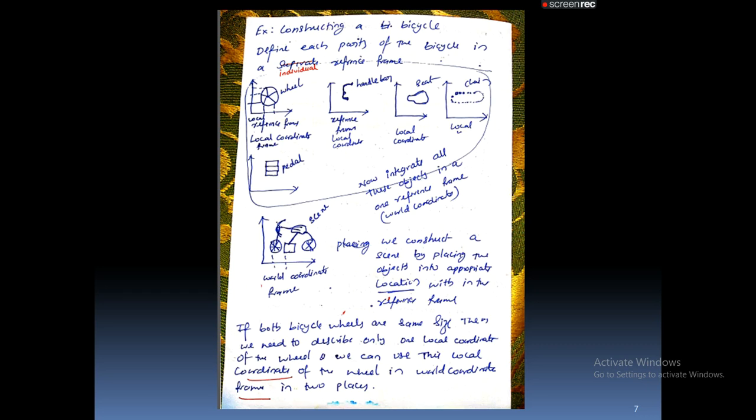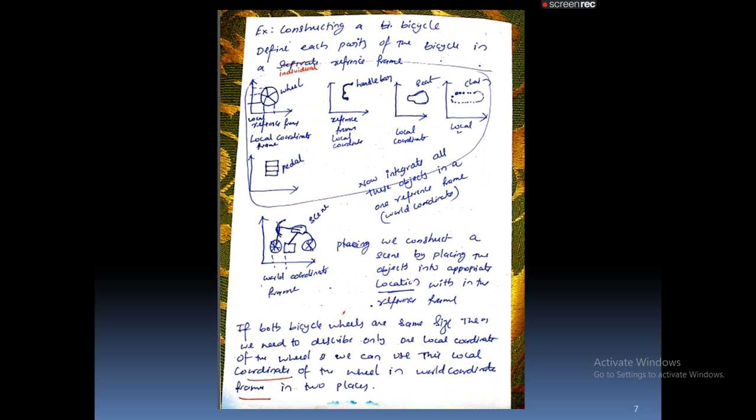I represented multiple objects in multiple Cartesian reference frames at various positions. There are two wheels, one at the front and one at the back. So I specified each part of the object by specifying its own dimensions. Finally I integrated all the parts of the object, and it became one complete image that contains multiple objects. This is how to perform modeling in computer graphics.